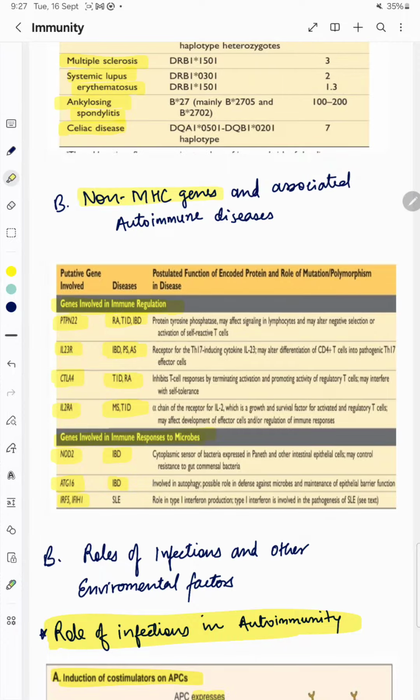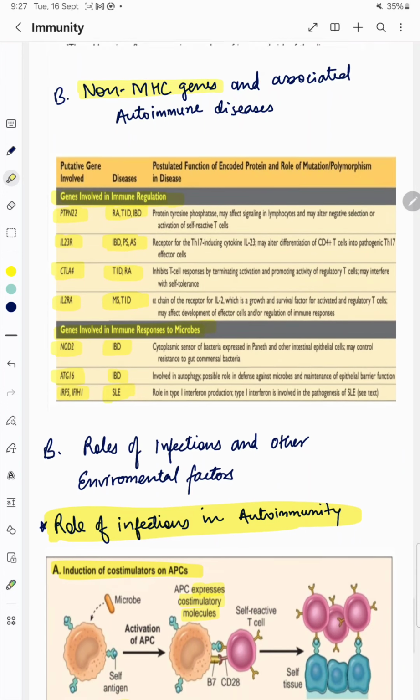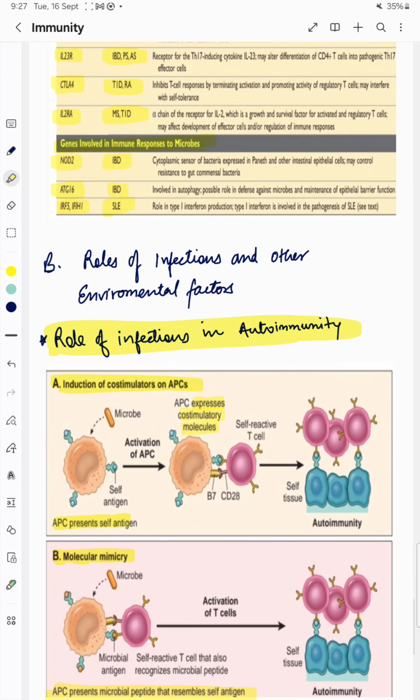IRF5 mutation is seen in SLE, systemic lupus erythematosus. We have discussed the susceptibility genes and their associated disorders. Now we will discuss the roles of infections and other environmental factors.